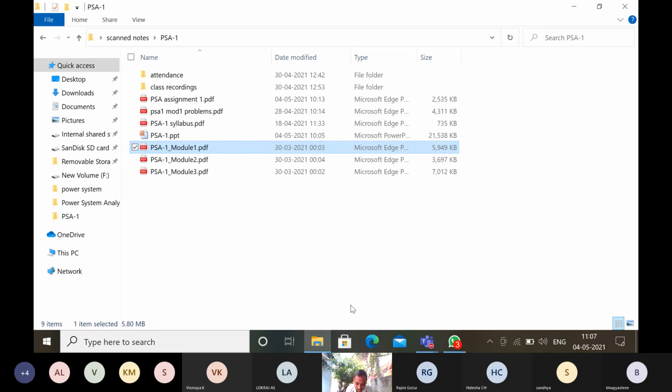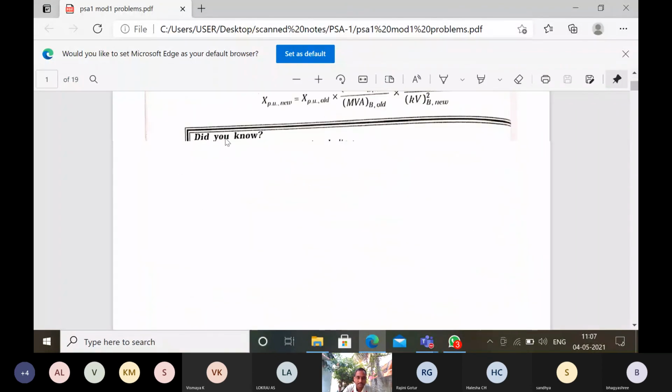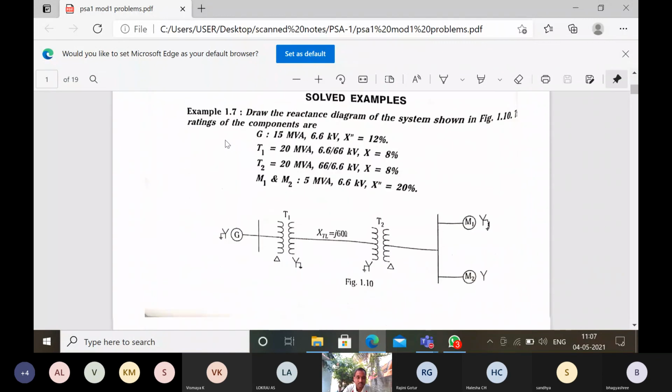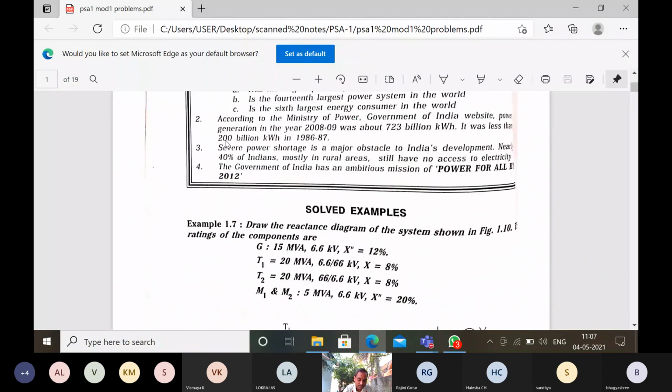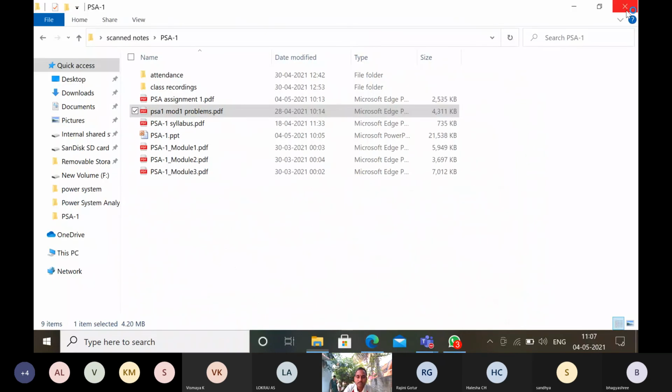That is in solved question example. That is already I have explained in the class. I think you all have written in your notes, right? Otherwise, I will share once again those things, problems also. Okay. So this completes the first module.